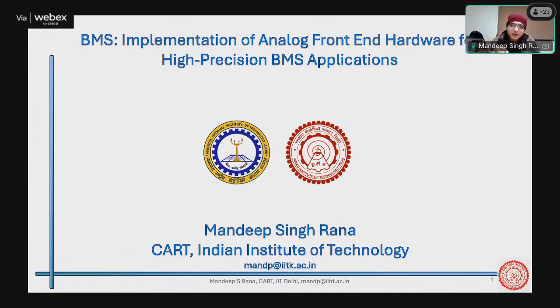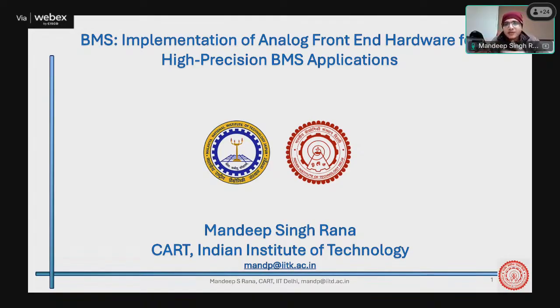There's a microcontroller level, very low end processing, which requires minimalistic algorithms, but very precise timing and much faster operation. So this particular session focuses on one unit of the hardware, not everything which is involved in BMS, because of the time constraints and the details involved, I have constrained myself to this much part only.